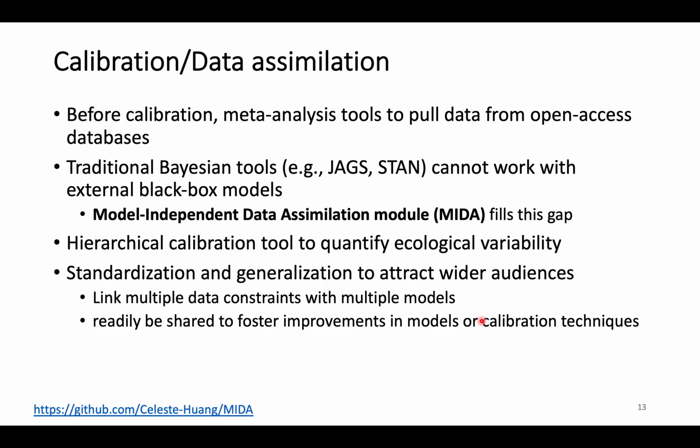Again, standardizing the calibration results will allow more audience to adopt these results for subsequent analysis. Moreover, the standardization will also foster progress in models or more advanced calibration methods.